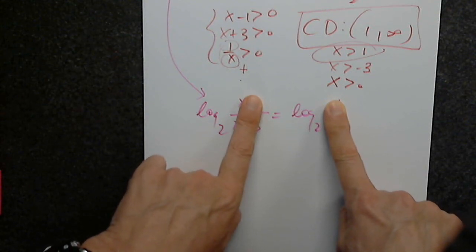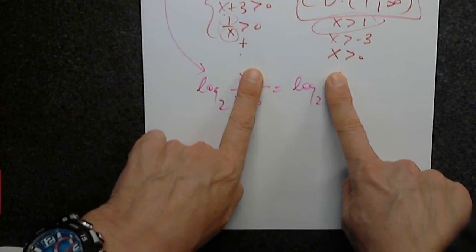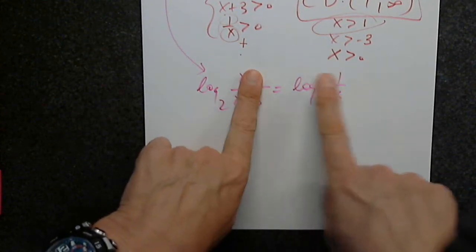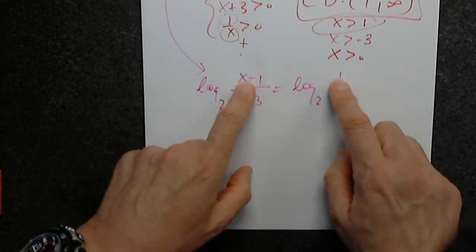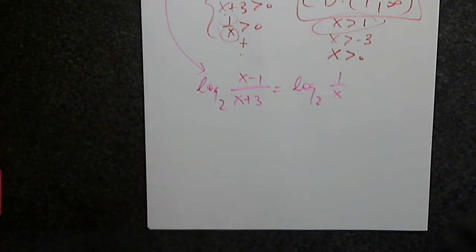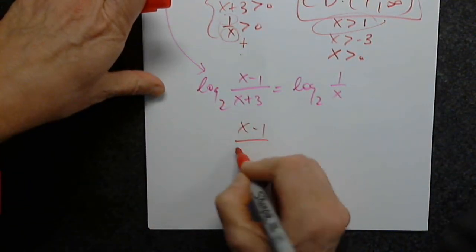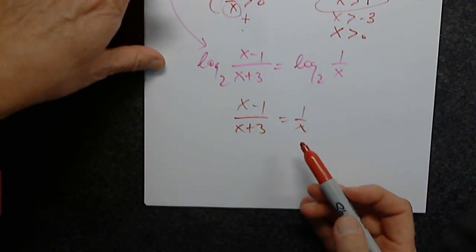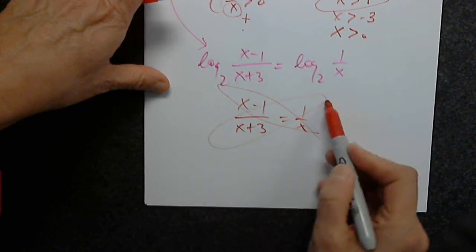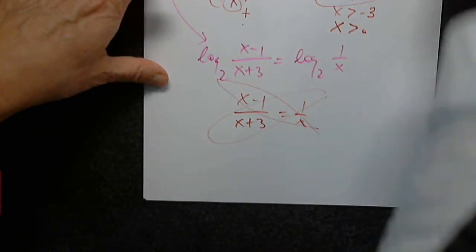They must equal each other, correct? So I have log base 2, log base 2. They're equal. So therefore, the expressions must be the same. So then x minus 1 over x plus 3 equals 1 over x. I've done this from day 1 of this course. It's a proportion. I'll cross multiply.